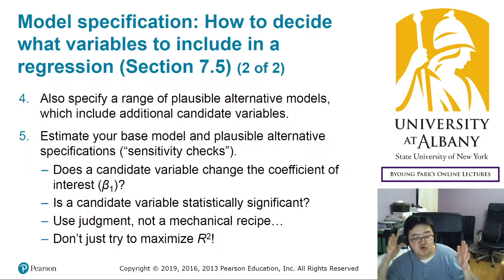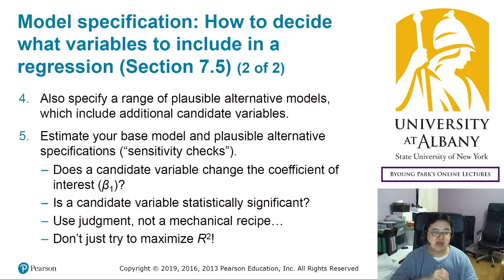So your conclusion must come from comparing different models, and if they are consistent with each other, that's the best. If you try different variables, but all of them indicate the same conclusion, that's the strongest conclusion. That's the most desirable situation.